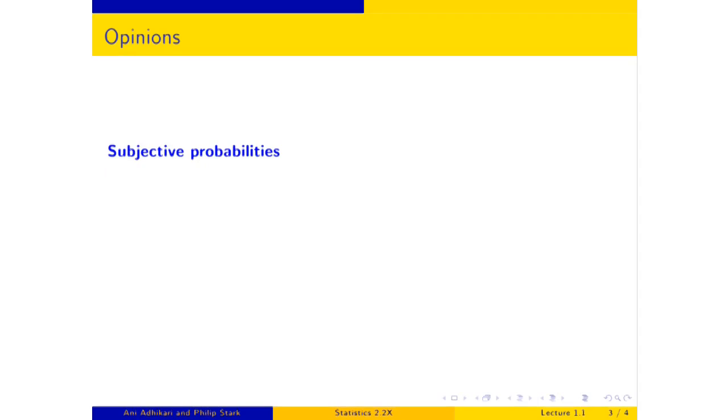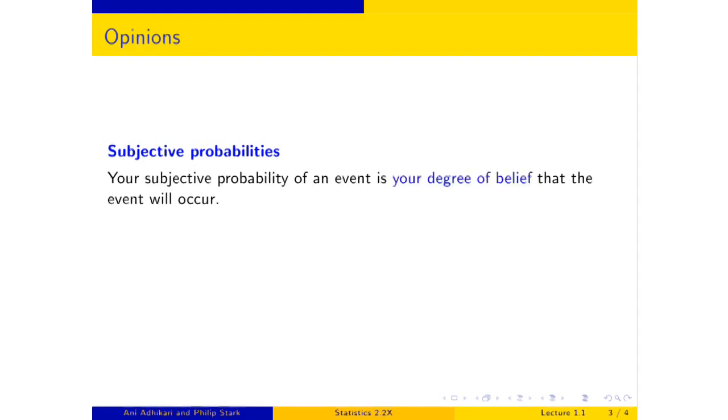They're opinions. That's perfectly fine. Somebody says, I bet my team's going to win, and their friend says, no chance. Both of those people have expressed probabilistic opinions, and they have subjective probabilities. Your subjective probability is your degree of belief that an event might happen.